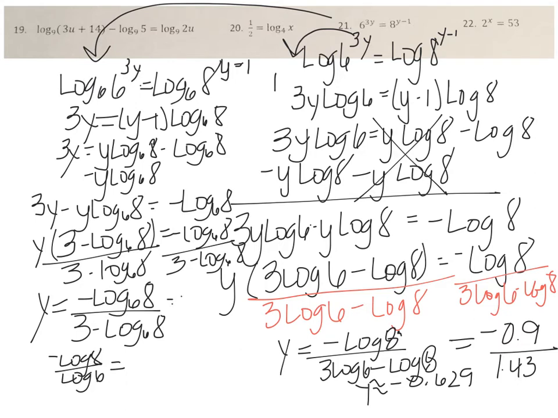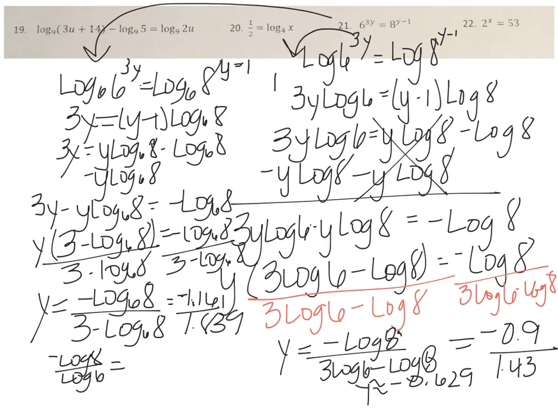So my numerator is negative 1.161. And then my denominator is 3 minus 1.161. And that's 1.839.